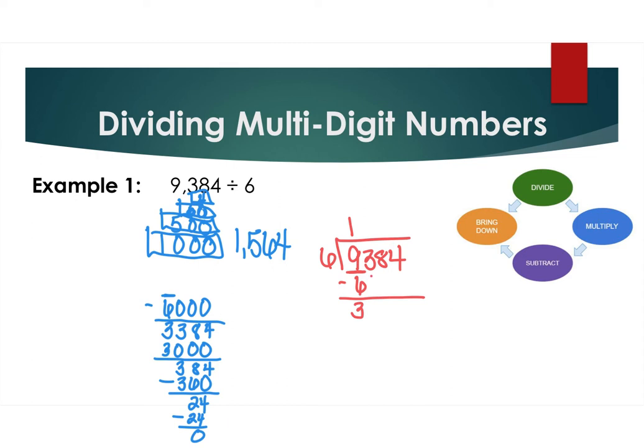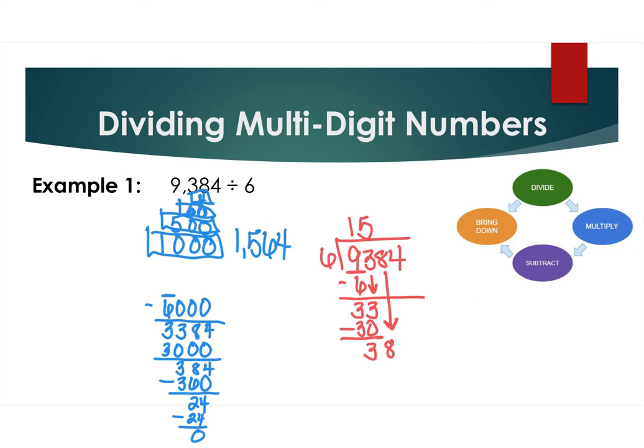I get 3, and then I bring down the 3. 6 times what equals 33, or close? 5. So 5 times 6 is 30. I get the 3 when I subtract, and I bring down the 8.